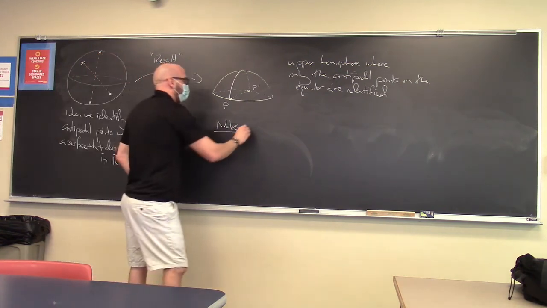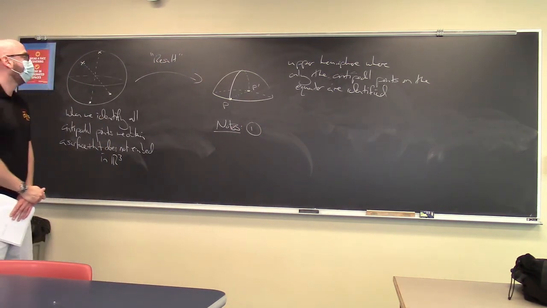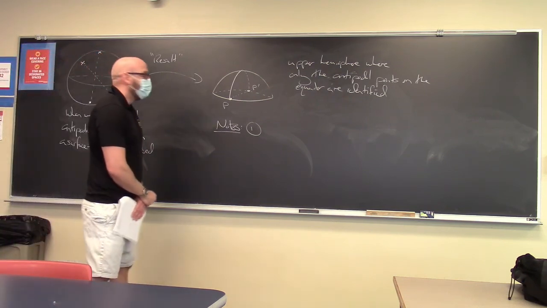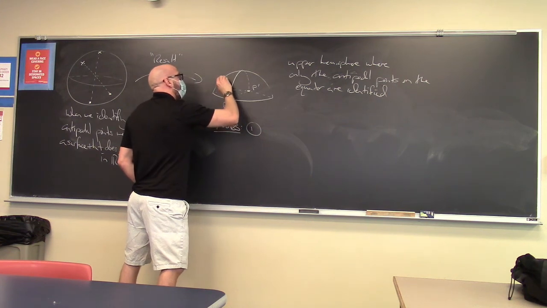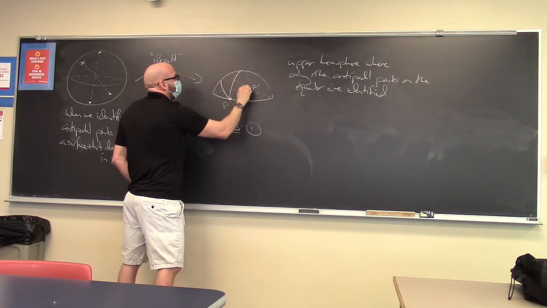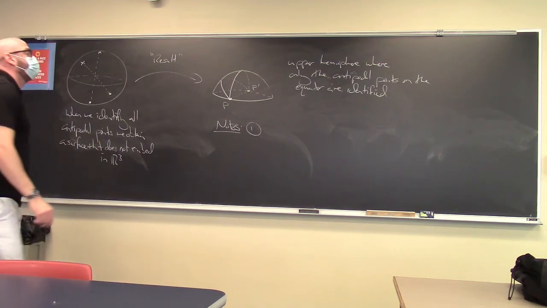So a couple of notes. What does this mean? Well, let's look at 2 lines. Here's another line, here's another great circle. Those are, of course, intersecting lines.